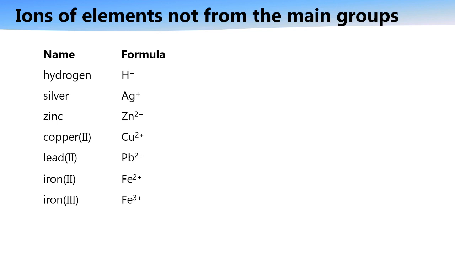Lead 2 ion would be Pb2+. Iron 2 ion would be Fe2+, and iron 3 ion would be Fe3+. So for those with the bracketed numbers, it will correspond to the charge of its ion. And the rest like hydrogen, silver, and zinc ions, you need to memorize their charges.